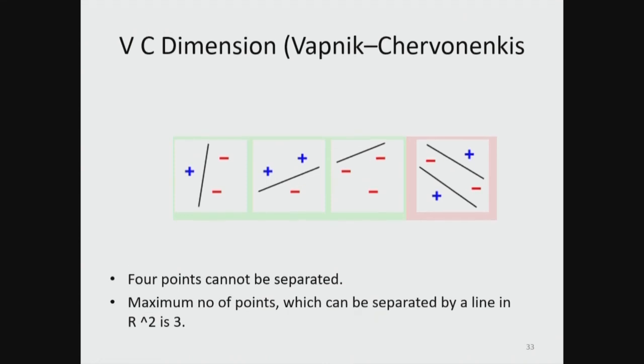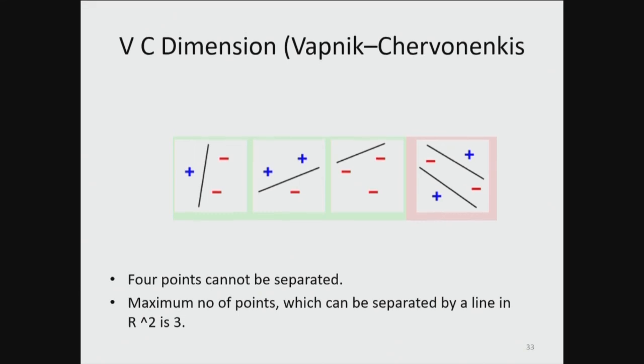Instead of 4, we started with 3. Instead of 4, if we have only 2 points, can we separate using a line? Yes, we can separate. Instead of 2, if we have only 1 point, can we separate? In the square, we have only 1 point and 1 line. Can we take 1 line, with the point on one side and no points on the other side?